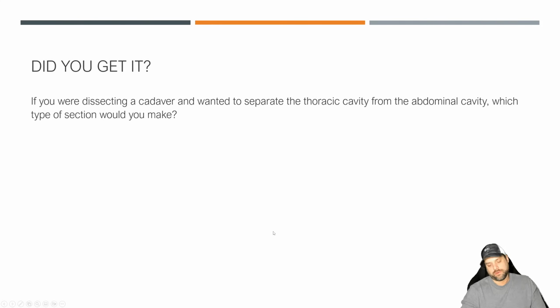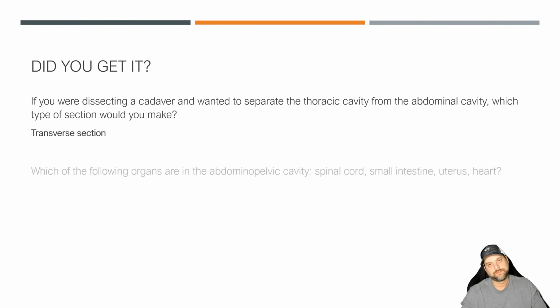So let's go ahead and do a review. If you were dissecting a cadaver and wanted to separate the thoracic cavity from the abdominal cavity, which type of section would you be making? You should be making a transverse cut, or a cross cut. Transverse section.